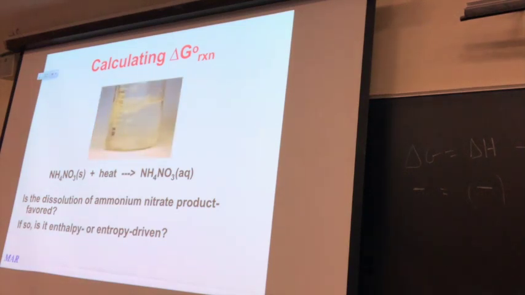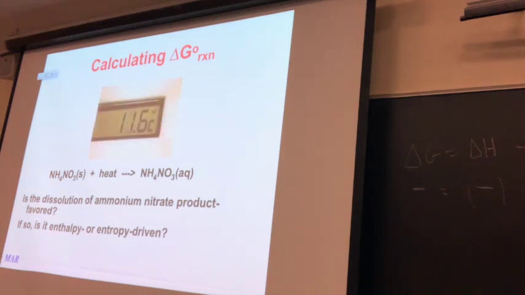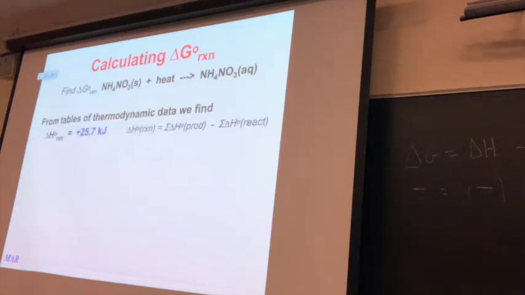The temperature of the water drops significantly. This reaction is not favored energetically, yet it still occurs. So again, the drop in temperature means it's not enthalpy favored, it's endothermic. Endothermic reactions don't make reactions generally occur. So we must have an increase in the entropy, and you can calculate that.